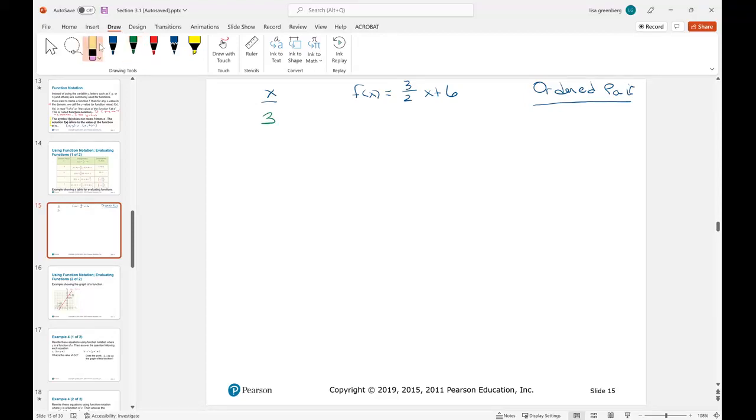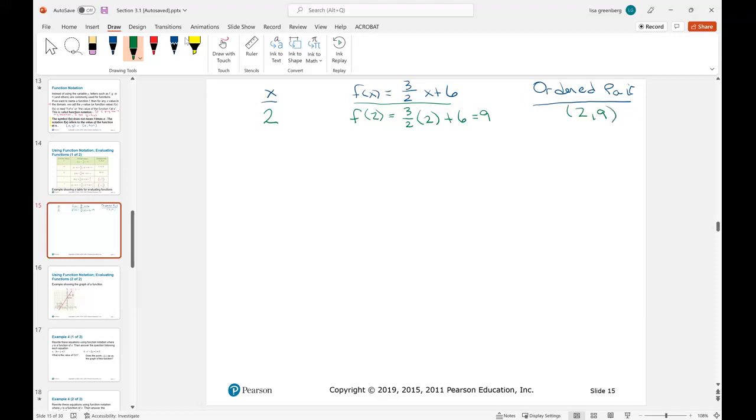Actually, let's make it easier. Let's say X is equal to 2. Then here, what I'm saying is F, and everywhere there's an X, I'm going to replace it with 2. So I have F of 2 is equal to 3/2 times 2 plus 6. So the 2s will cancel, and I get 3 plus 6, which equals 9. And my ordered pair would be (2, 9).